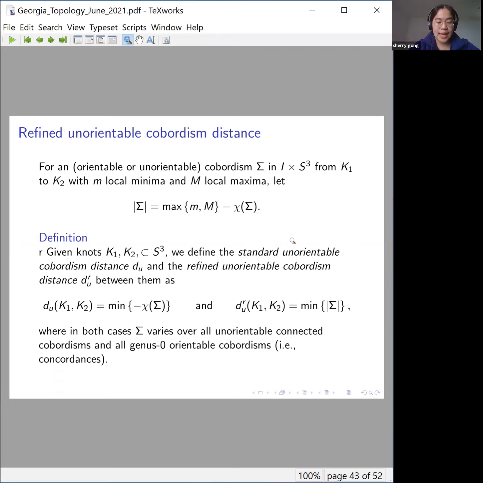And then the refined unorientable cobordism distance is the same as that, but you use this norm of sigma instead of minus the Euler characteristic of sigma. So it's going to be larger, right? Because you also want to keep track of the minima and maxima.